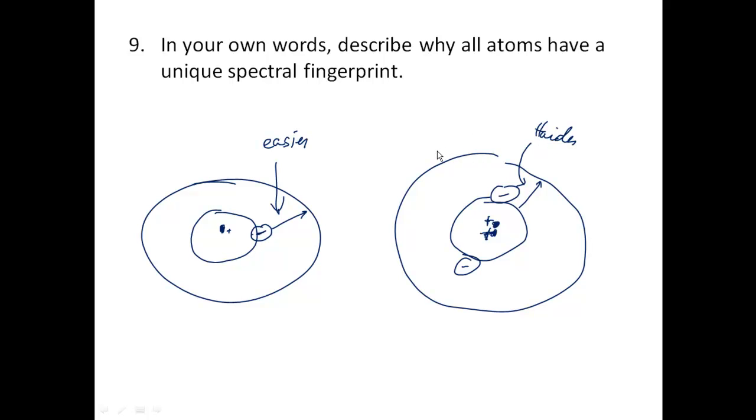Hence, when the electron falls back, it only gives less energy, and the one on the right would give more. Now that's a simplistic view of the world. We're only talking about 2 elements. But when you look at all of the elements that are out there, they all have these characteristics. Some, it's easier to take the electron away. Some, it's harder. So that answers the question of why they're all unique. Because in every case, you have a different number of protons in the middle, and the electrons are jumping from different levels.